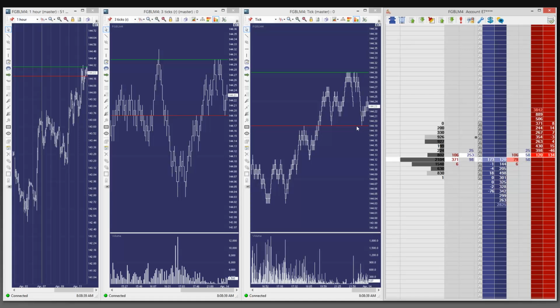As a side point, when it comes to creating levels, whether they be previous volume profiles, support, resistance areas, areas that are sold, range areas, I don't necessarily put huge weight on history.